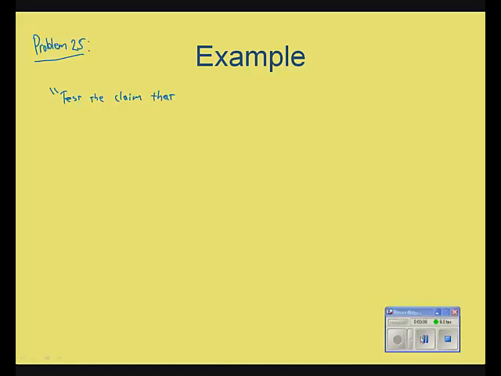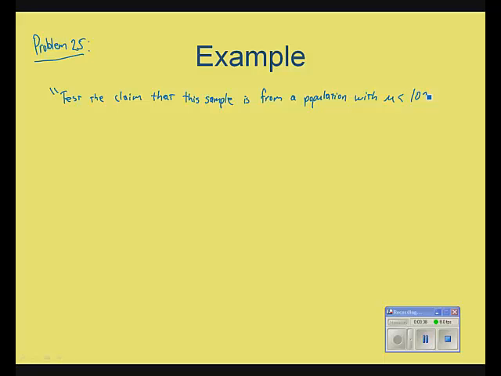All right, I'm going to pause. Hooray, I found it. Test the claim that this sample. What sample? Well, I'll write it down in a minute. Is from a population with mu less than 1,000 hic.